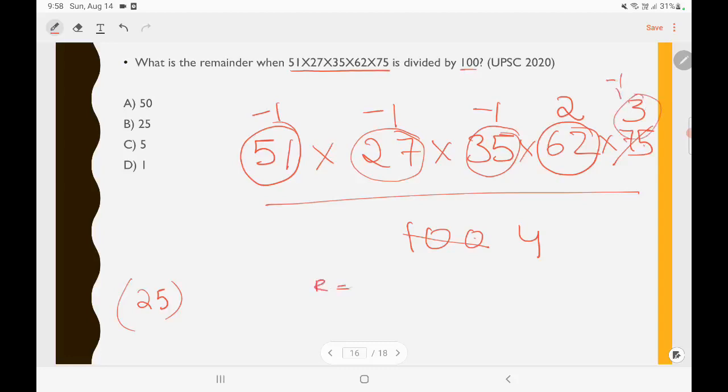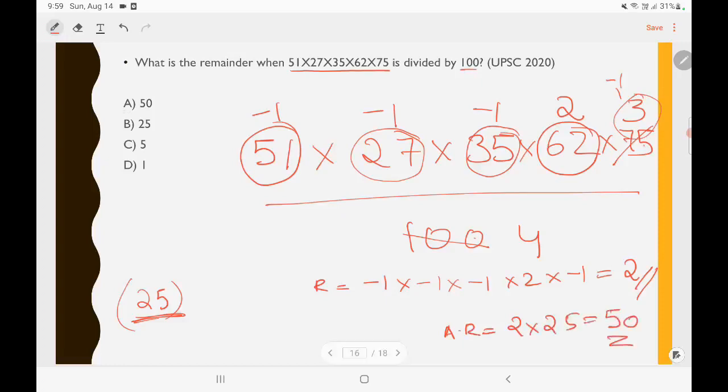So the remainder is minus 1 into minus 1 into minus 1 into 2 into minus 1, which is equal to 2. Okay, but since you cancelled with 25 initially, you need to multiply 2 by 25 to get the actual remainder. So the actual remainder is 2 into 25, which is equal to 50. So option A is the right answer.